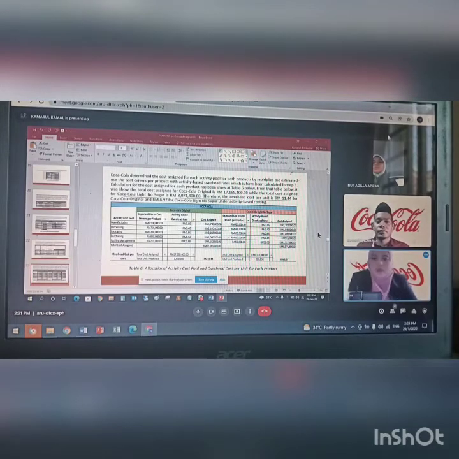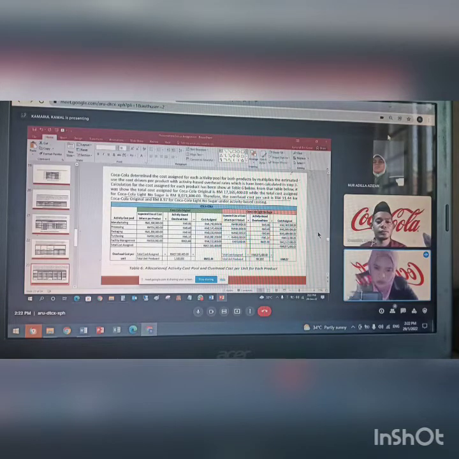Alright. Okay, this slide is to find the total cost assigned for each product, Coca-Cola Original and Coca-Cola Light No Sugar. From this calculation, I got the total cost assigned for Coca-Cola Original as 17.165 million.